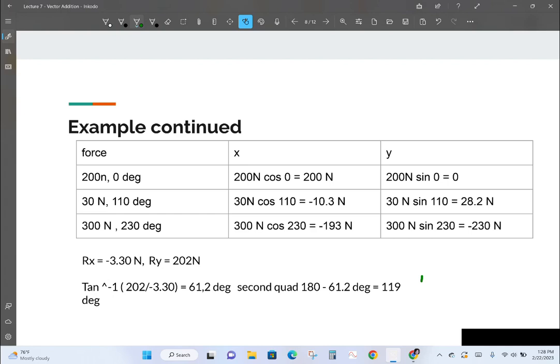So I found its x to be negative 193 and its y to be negative 230. If I add up all the x's, then I get an x of negative 3.30 newtons. And if I add up all the y's, I get a y of 202 newtons.